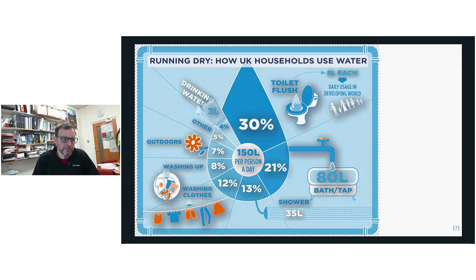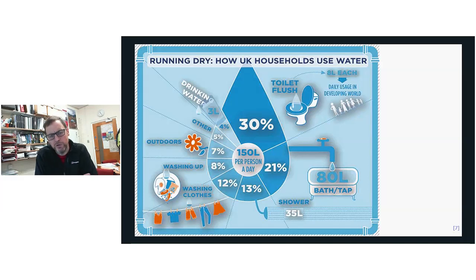Now what's interesting about the shower, washing clothes, bath, and washing up is that combined they take up well over half of the water usage in the home. What's also interesting about these water uses is that all of them involve heating the water.